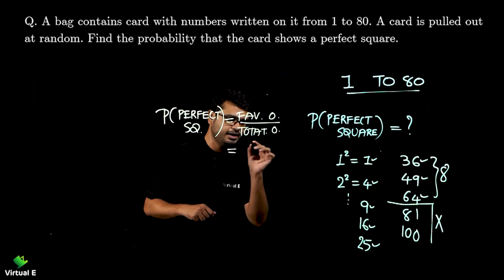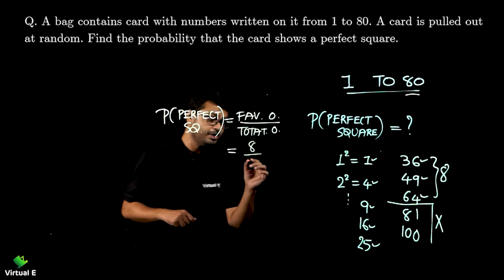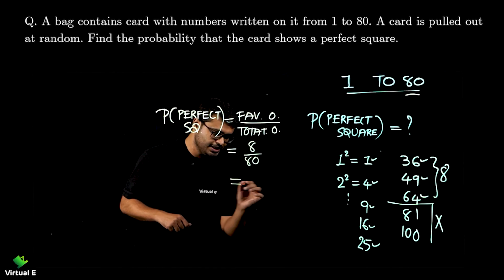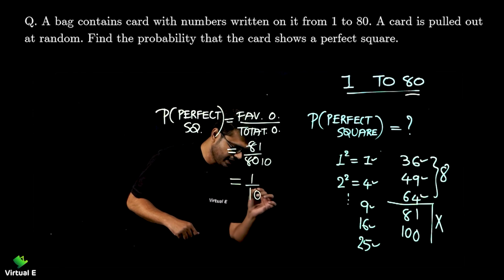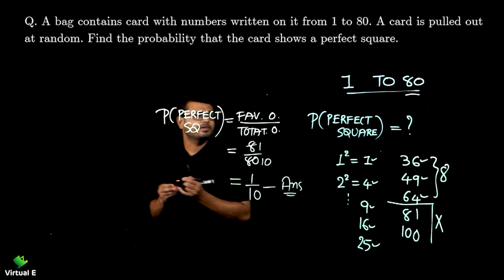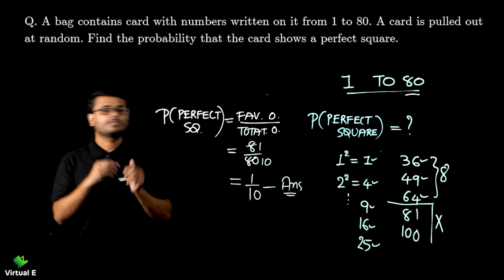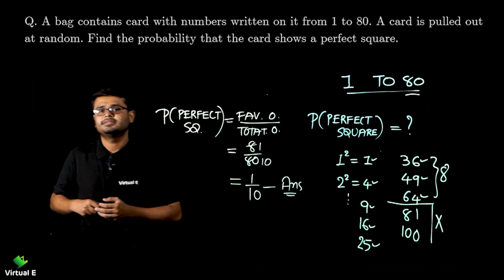Favorable outcomes are 8, total outcomes are 80. Do the cancellation, 8 1s are 8, 8 10s are 80, and 1 by 10 is my final answer. So the probability of getting a perfect square from 1 to 80 is 1 upon 10.